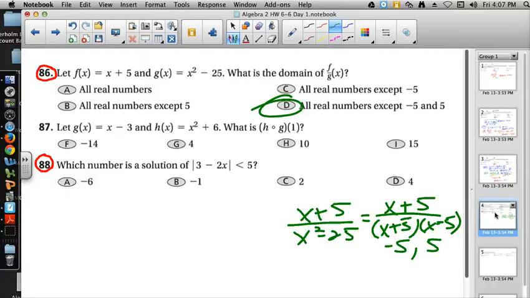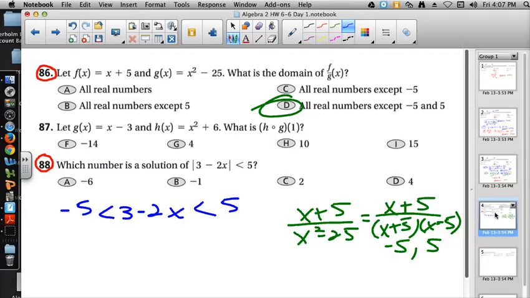88 is asking us to remember how to solve an absolute value inequality here, and it's less than. So our less than means it was less than 5 units away from it on the number line. So that's where you have to make an and sandwich between a negative 5 and a positive 5.